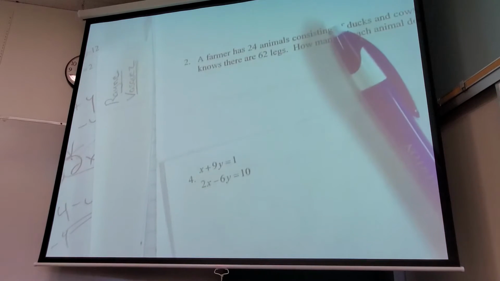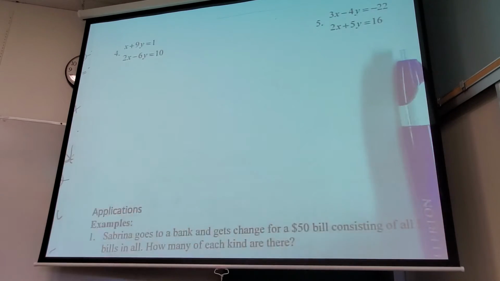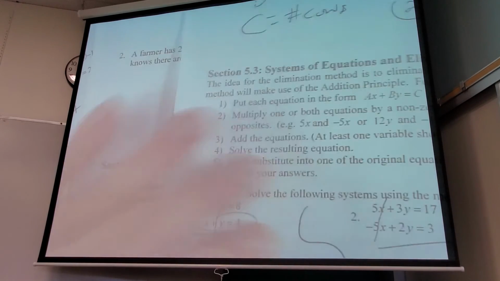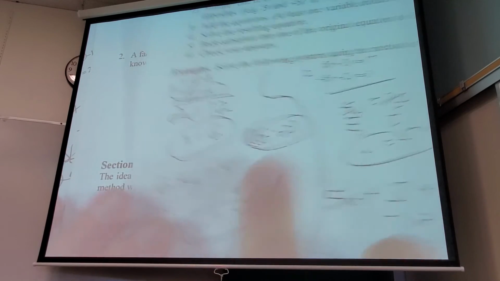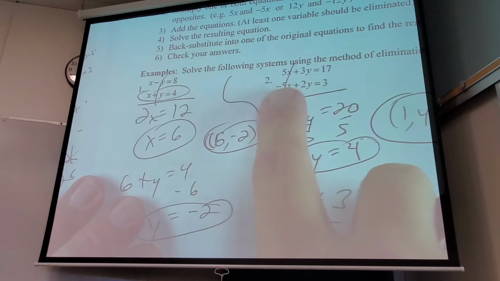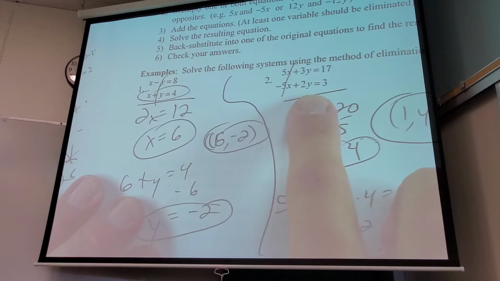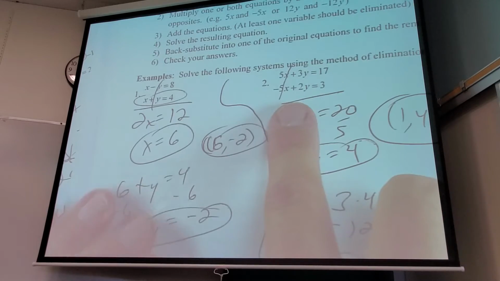Remember, you have to cancel them out, like a negative 2x and a positive 2x. If you forgot how to do elimination, these first two were set up so that a letter would die when I added the equations together. We talked a little bit last time about why you're allowed to add two equations together.